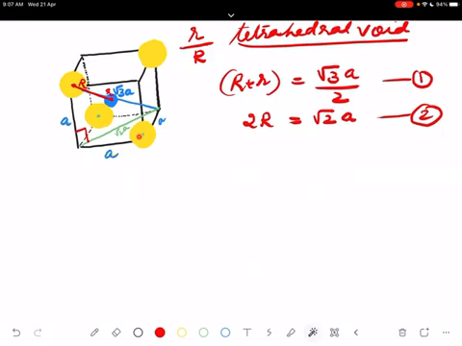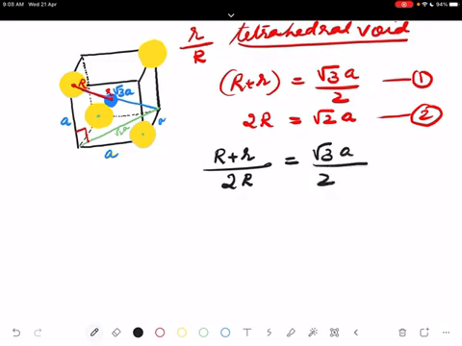So two equations you have got, and we can solve these two equations to find out the relation between small r and capital R. What you have to do is take the more complicated equation divided by the less complicated equation, that way you can do it very easily. R plus r divided by 2R is equal to root 3a by 2 divided by root 2a.